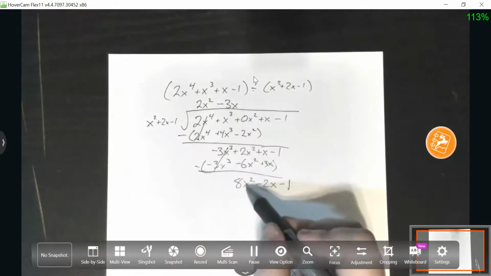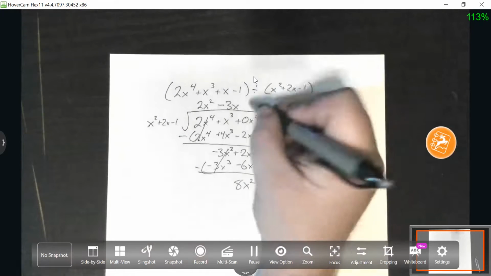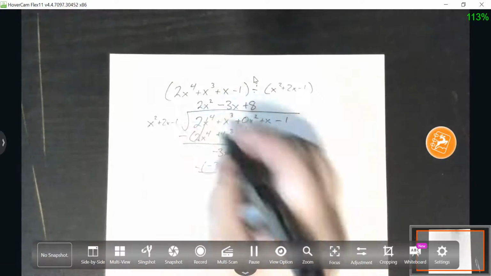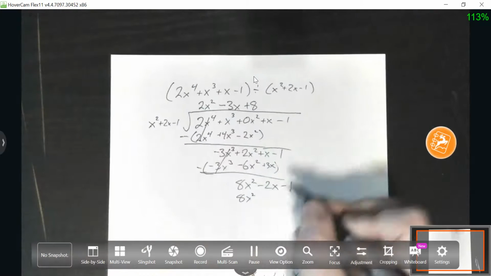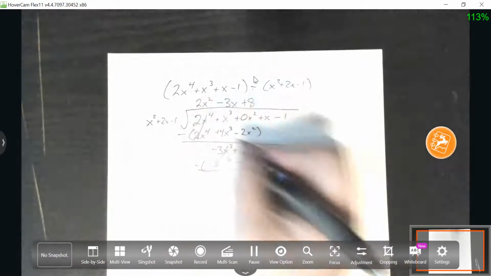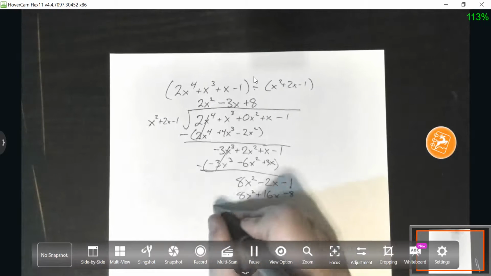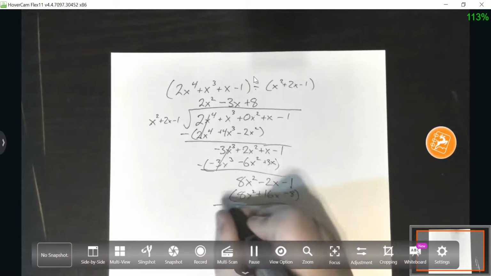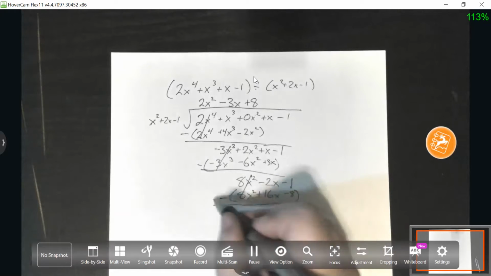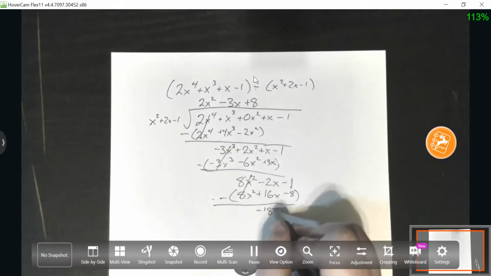x squared goes into 8x squared 8 times. So 8 times x squared is 8x squared. 8 times 2x is plus 16x. 8 times negative 1 is negative 8. Draw the line and reverse the sign. Let's subtract. These cancel. Negative 2 minus 16 is negative 18x.